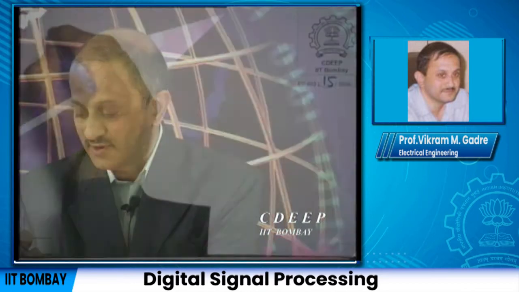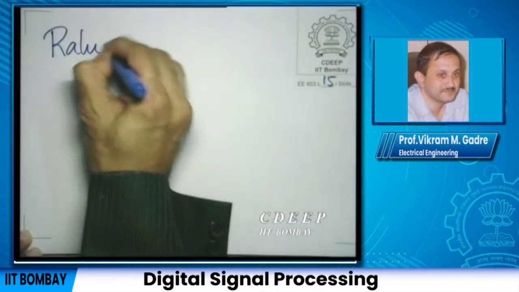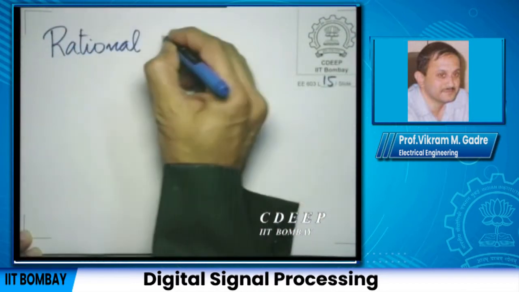Let us recall a couple of points that we talked about in the previous lecture. So, in the previous lecture, we had talked about the rational Z transform. Let me just recapitulate what it means.